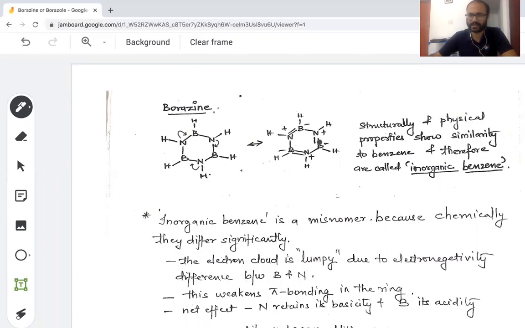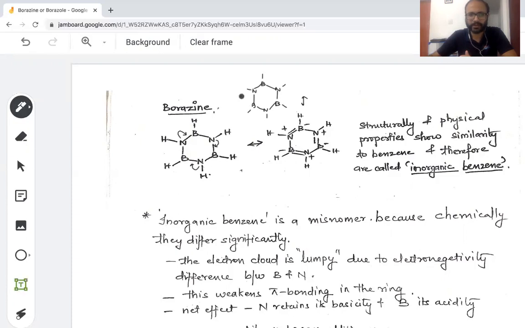Similarly, you have this particular structure. Another resonance structure you can draw is when the donation is happening in the other direction, so the double bonds are interchanged to a new structure. Let me draw that. This looks like boron, nitrogen, boron, nitrogen, and boron, with a hydrogen at each end.